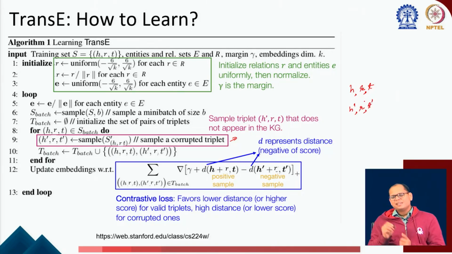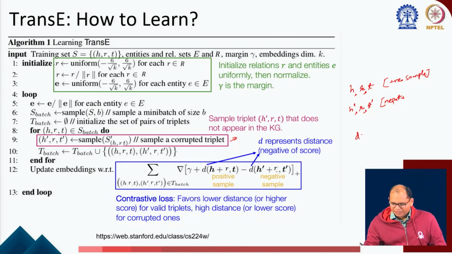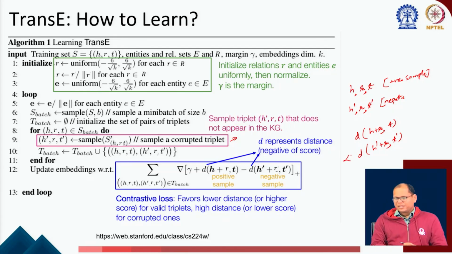And I know the distance between h plus r and t, and the distance between h prime plus r and t prime. And I know the positive distance should be less than that of the negative triplet, right.